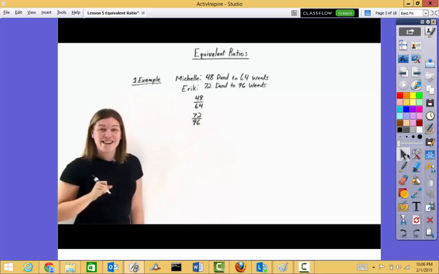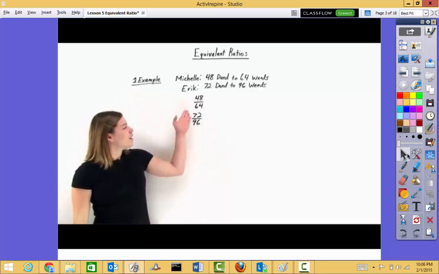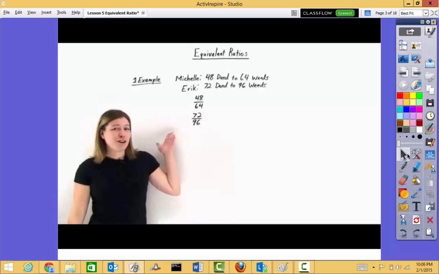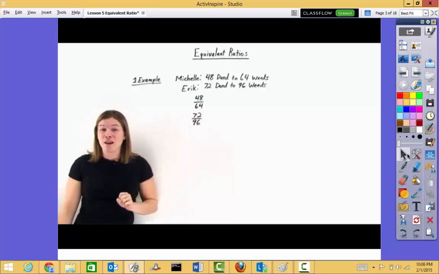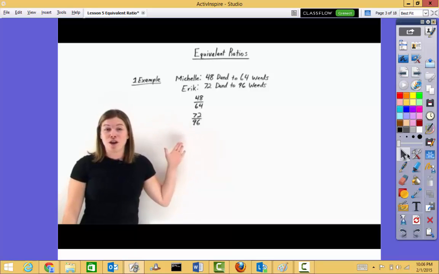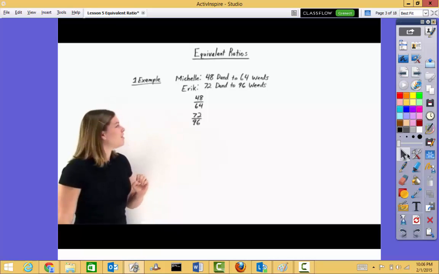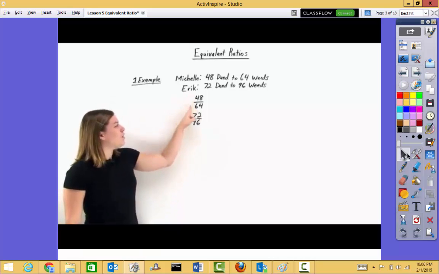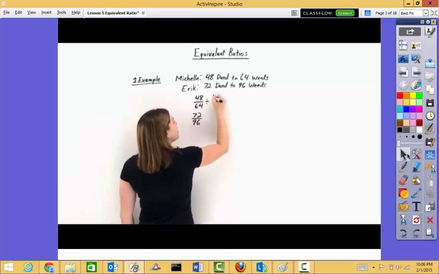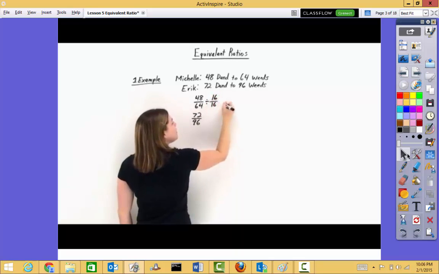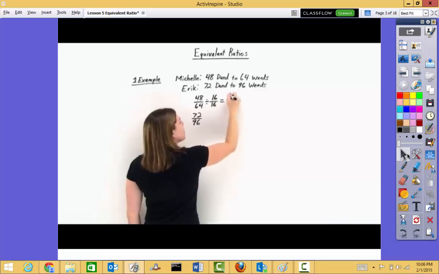Great. Now if we took a look at these ratios, they don't look like they're the same at all. But in order to see if ratios have the same value, we need to reduce each of them to their simplest form, then compare them that way. So let's reduce. In this fraction between 48 and 64, the greatest common factor is 16. So we divide by 16 in the numerator and the denominator.